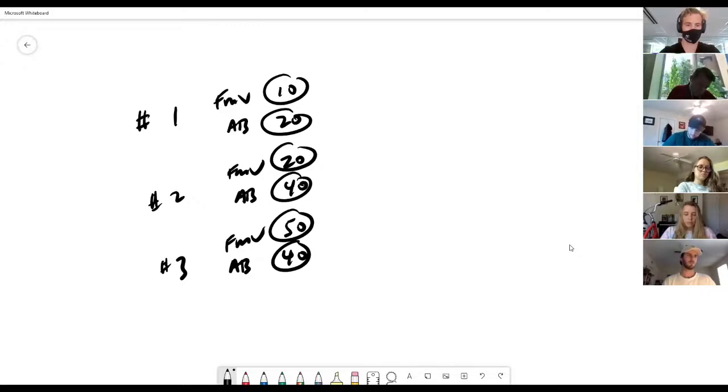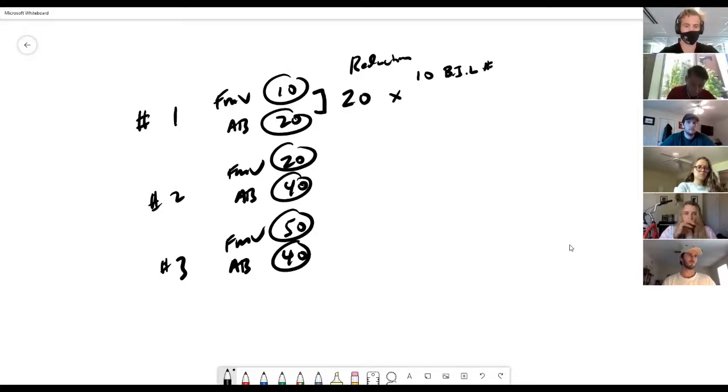And so here, the reduction is going to be 20 times 10 of built-in loss for number one over 30 of total built-in loss, from properties one and two.